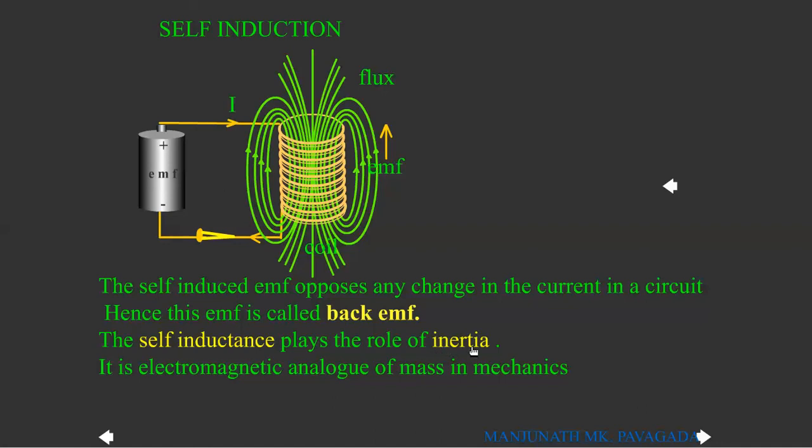It means if a body is at rest, inertia likes that body to be at rest. If a body is moving with uniform velocity along a straight line, it likes that body to keep moving along a straight line. So look here, it is the electromagnetic analog of mass in mechanics. So now let us discuss an expression for self-inductance or coefficient of self-induction represented by L.